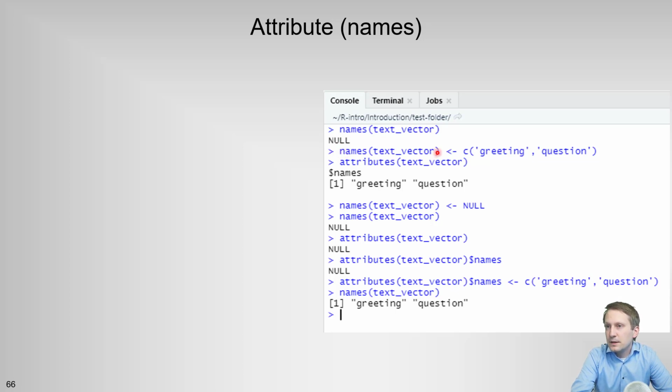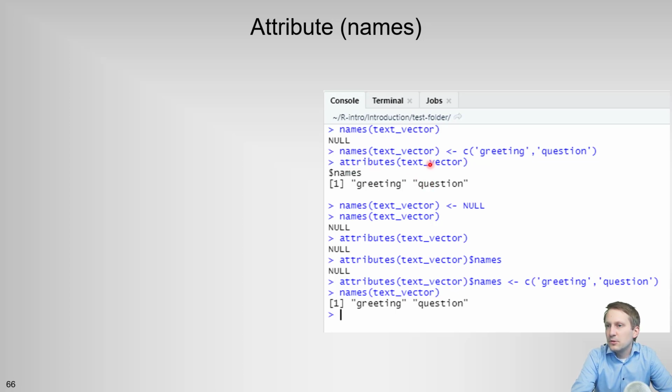So now we can say names of text vector and then assign to it a vector that contains greeting and question. This will assign the names greeting and question to the text vector. Once we've done so and we check what the attributes of text vector are, we actually get its names, greeting and question.